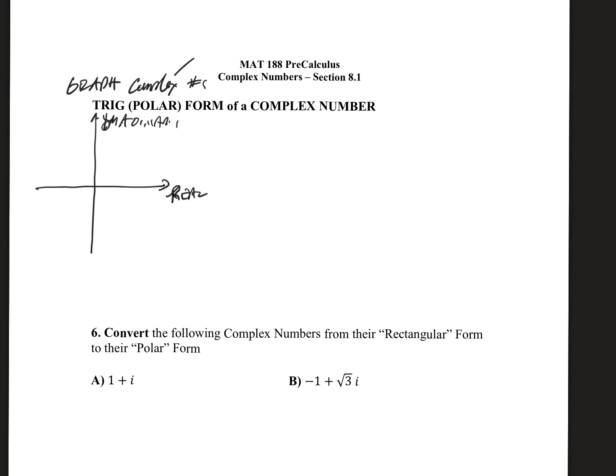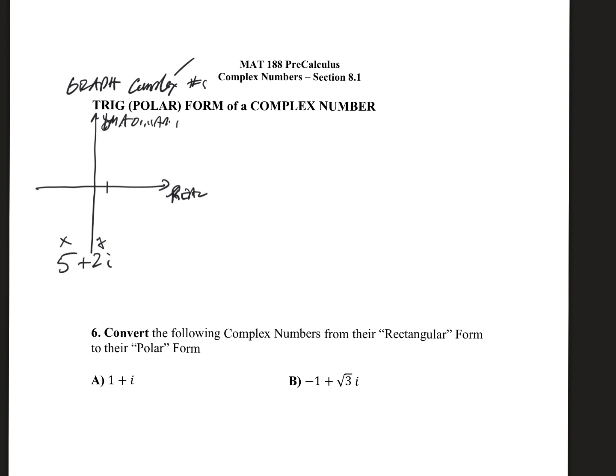So when I'm dealing with an ordered pair, let's say like 5 plus 2i, that means that my x-coordinate in rectangular coordinates is 5, and my y-coordinate is 2.